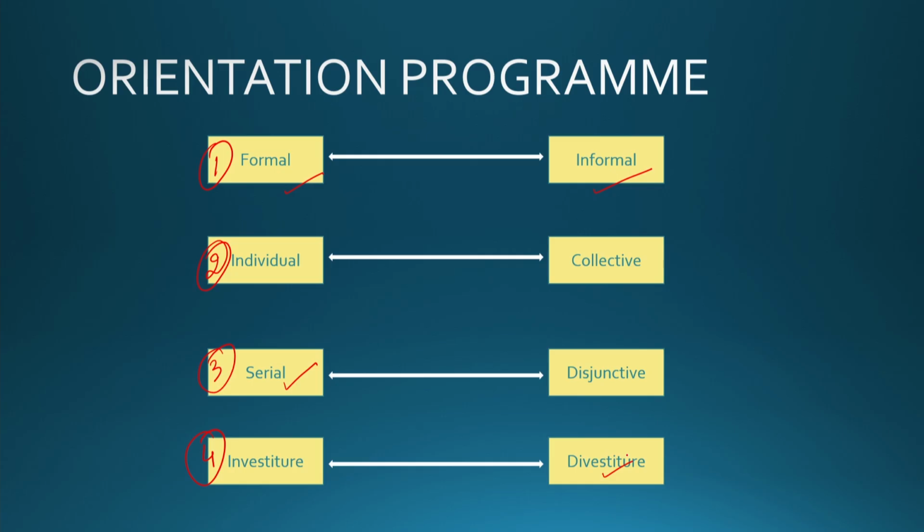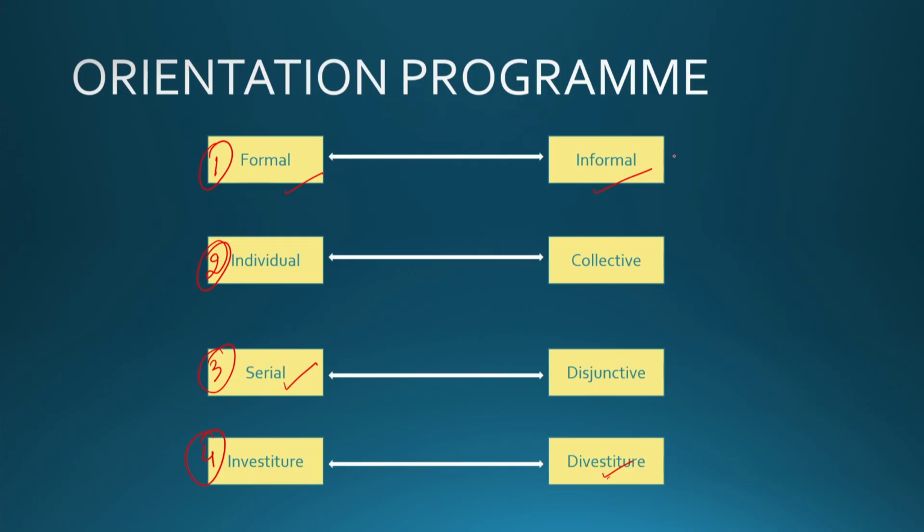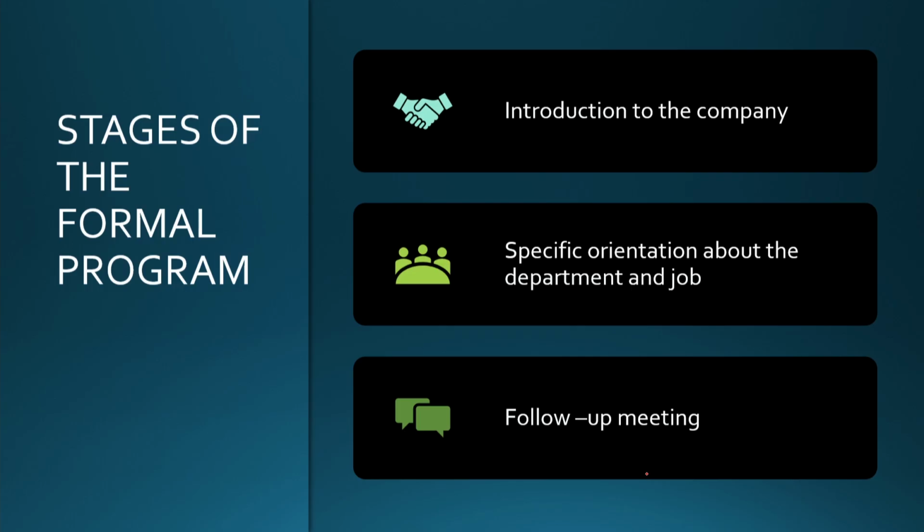While in divestiture, the employee is selected because he is talented, but some amount of training needs to be given to him so that he becomes well versed with the job that he has to do. So this additional training is given in divestiture, while in investiture orientation, no training is given, only information is given to the employee and he is dashed into the job. So we have tried to understand 4 different types of orientation programs.